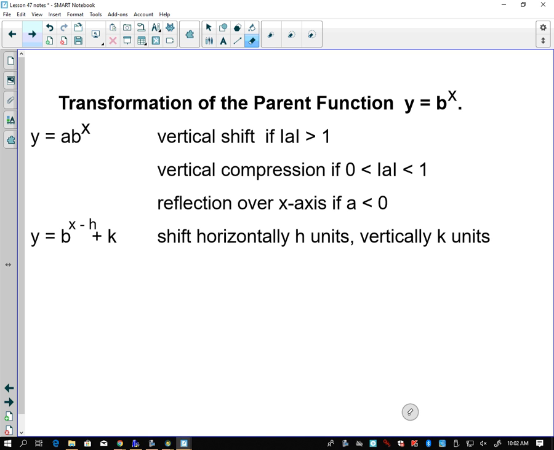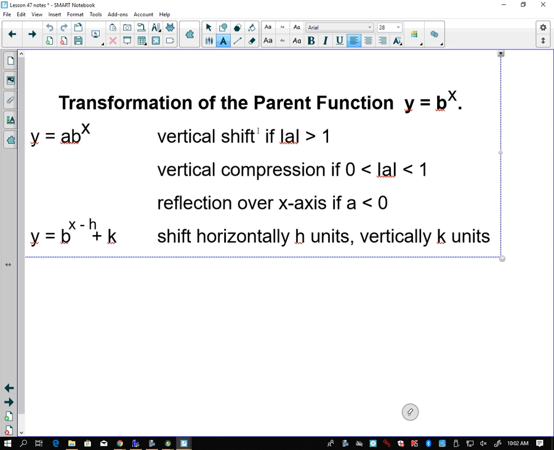Oh, I'm sorry. There's a typo in here, and I thought that there might have been. This word shift shouldn't be shift. It should be stretch. And meaning that the k down here is what shifts it up and down, or that moves it vertically up and down. But if a is greater than 1, it's stretching it.